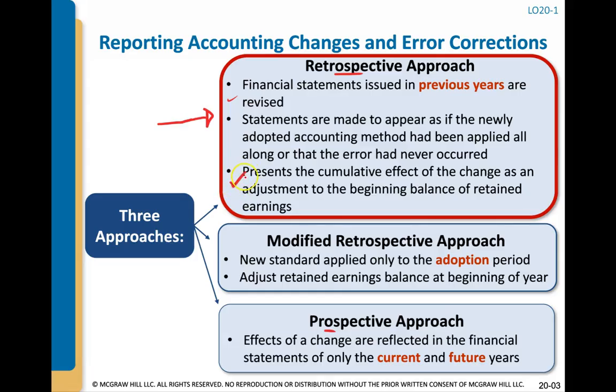But we do have to change our accounts in order to reflect that change, so that we show the new balances for the prior years. And the way we do that is we record the change as an adjustment to the beginning balance of retained earnings. We'll go through this a little bit later in the video, and this will be its own dedicated video.